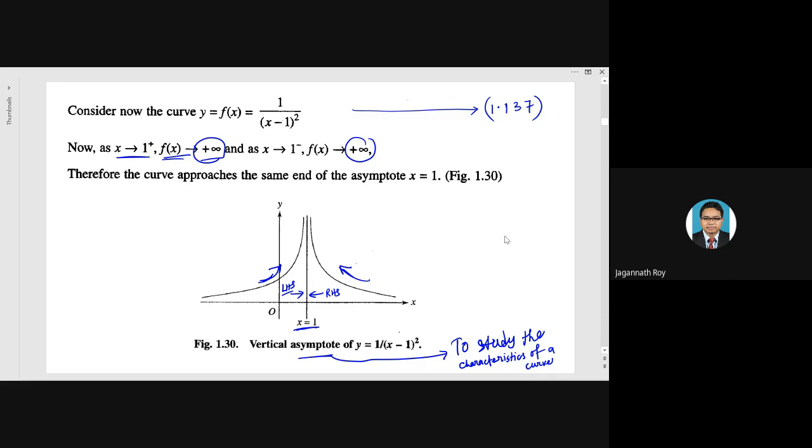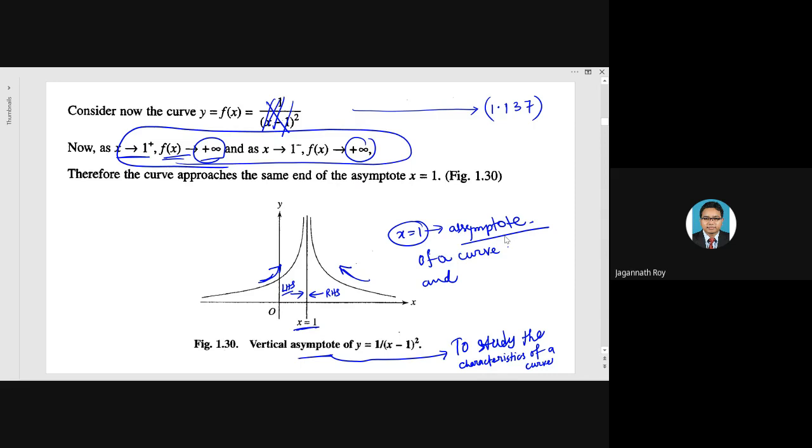Because suppose the explicit form is not given, and it only says that x equals 1 is an asymptote of a curve, and the curve satisfies these limits.